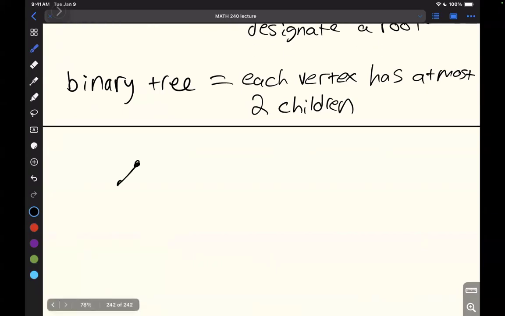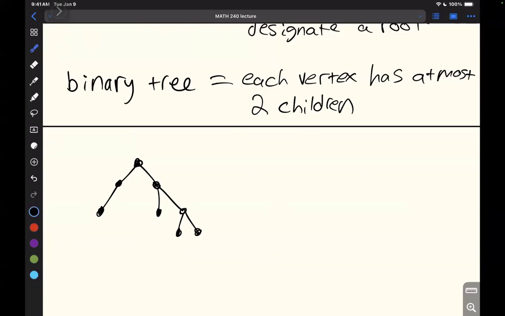So if this is the root, then each vertex has to have at most 2. It could only have 1. It could have none. But it can have only at most 2. It can't have 3.